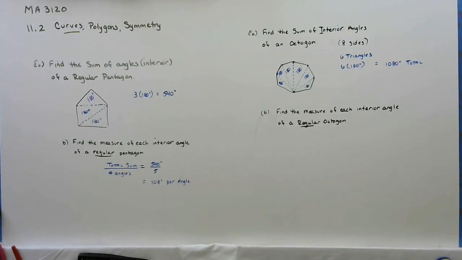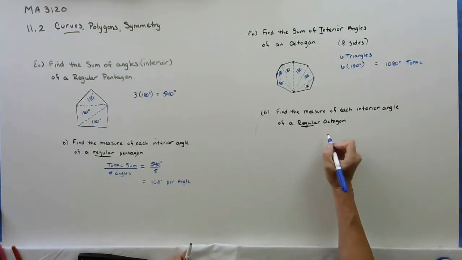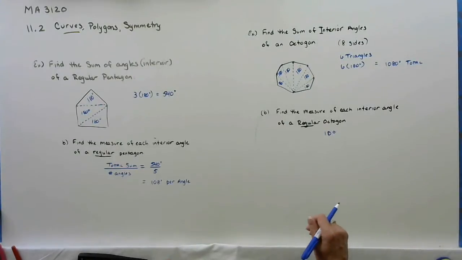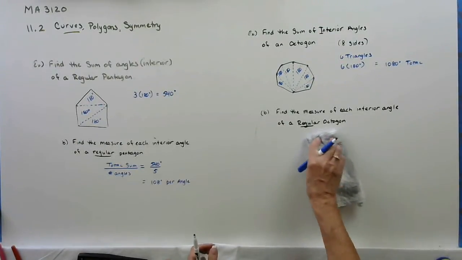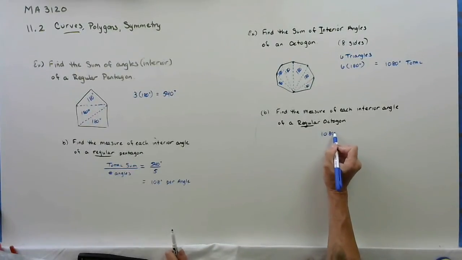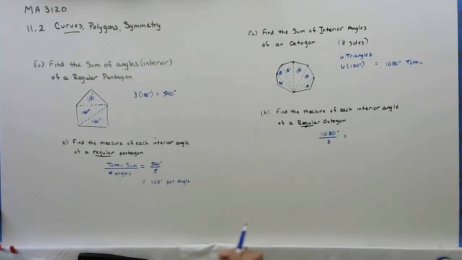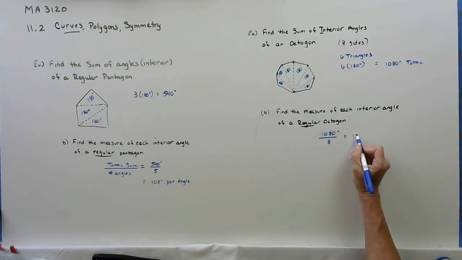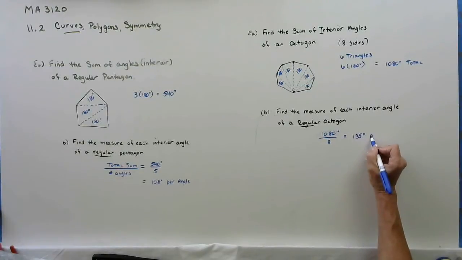So if we figured out that there's 1,080 total, we would take our 1,080 degree total and divide by the number of angles in our polygon. It's an octagon, so there's 8. So if I take my answer, divide by 8, I should get 135 degrees per angle.